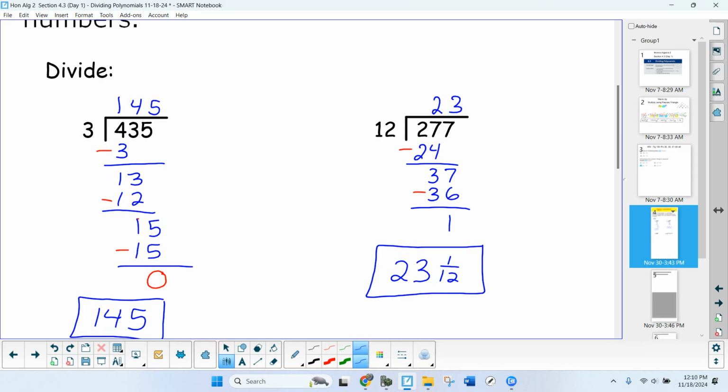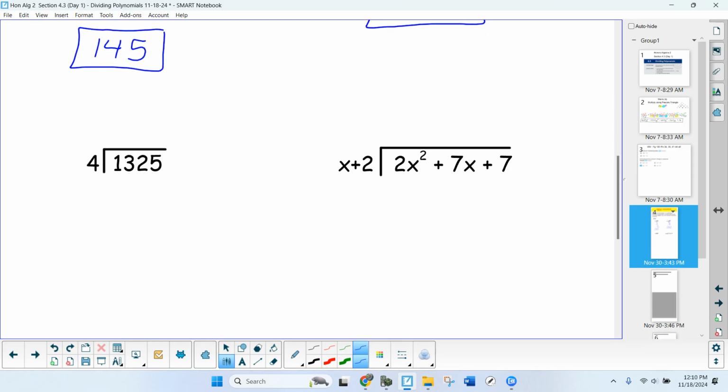All right? Let's try another one. How many times does 4 go into 13? 3. What's 3 times 4? 12. What do you do now? Subtract. What's 13 minus 12? 1. Bring down the 2. Okay, how many times does 4 go into 12? 3. Multiply. 3 times 4, you get 12.